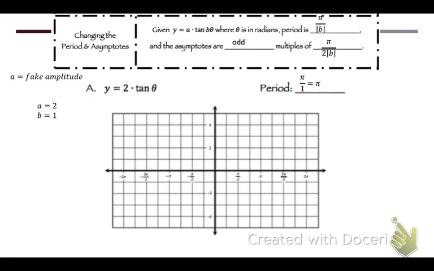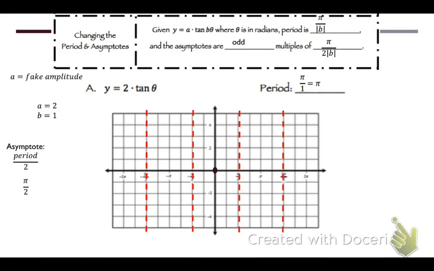I need to find my asymptotes. Asymptotes are period divided by 2. My period is pi, so that's going to be pi halves. So I'm going to have an asymptote right there. I'm going to have it to the left. Then I'm going to have it at 3 pi over 2 and at negative 3 pi over 2. Okay. Tangent always starts at 0. Then my fake amplitude is 2.